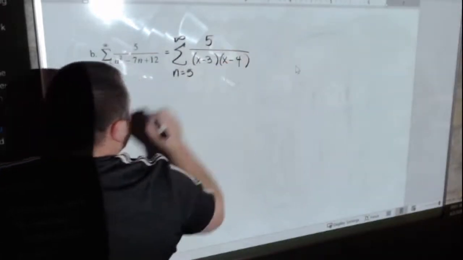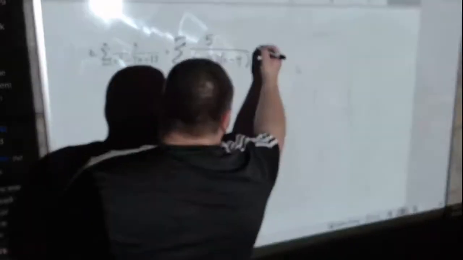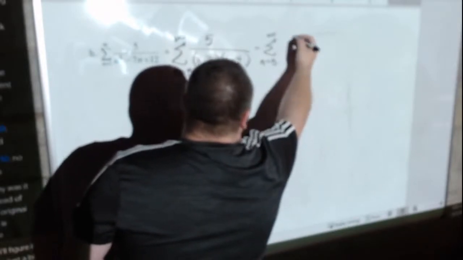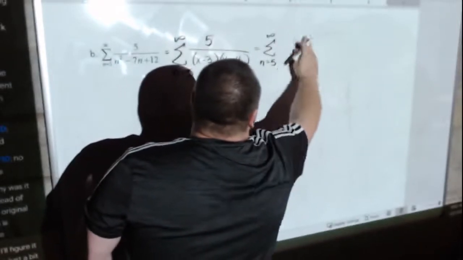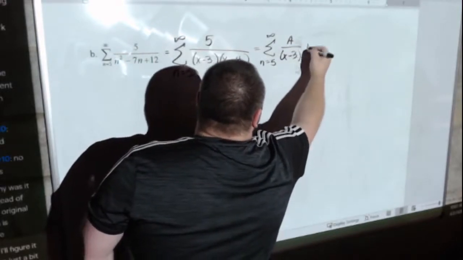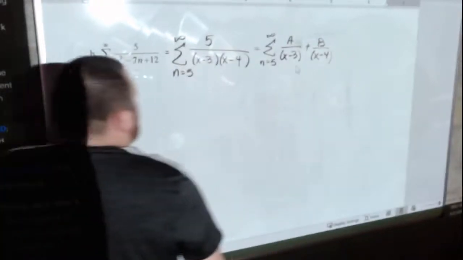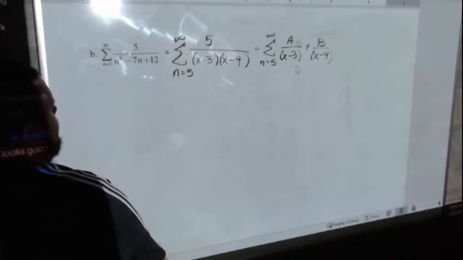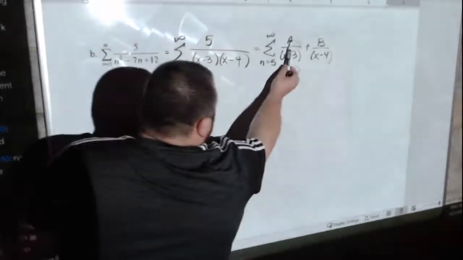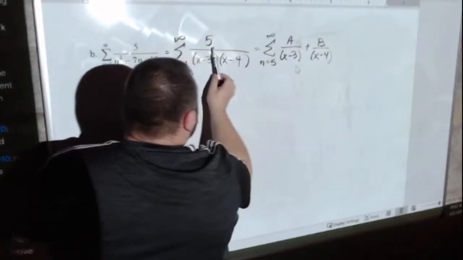Minus 3 and minus 4 should do that for us. Which means, again, I have two linear distinct factors. So I should get a over the first one plus b over the second. So again, multiply this plus that, and it must equal 5.